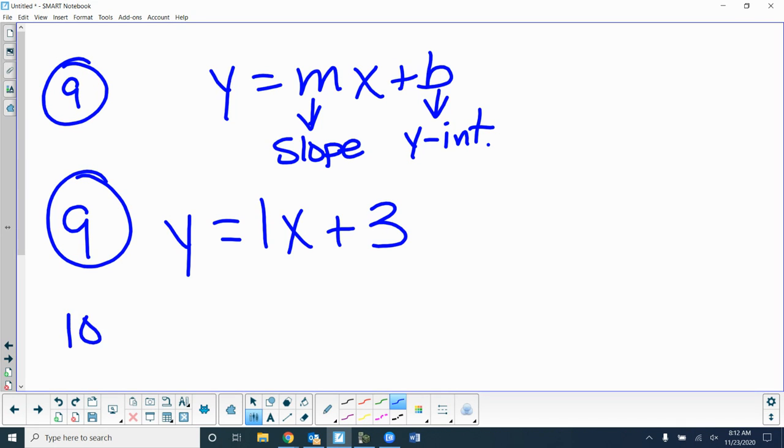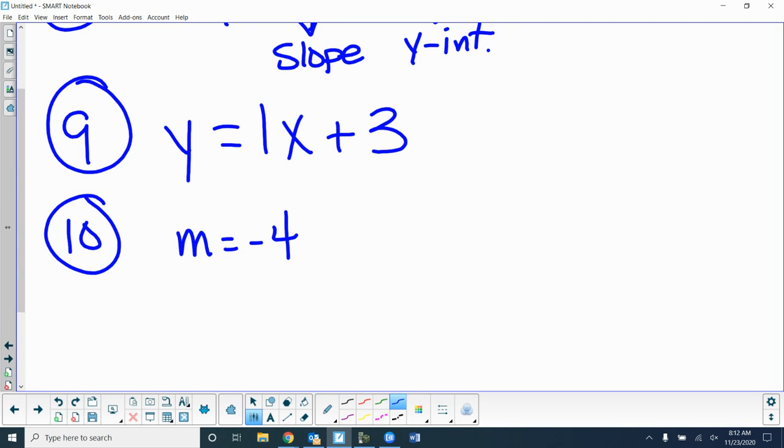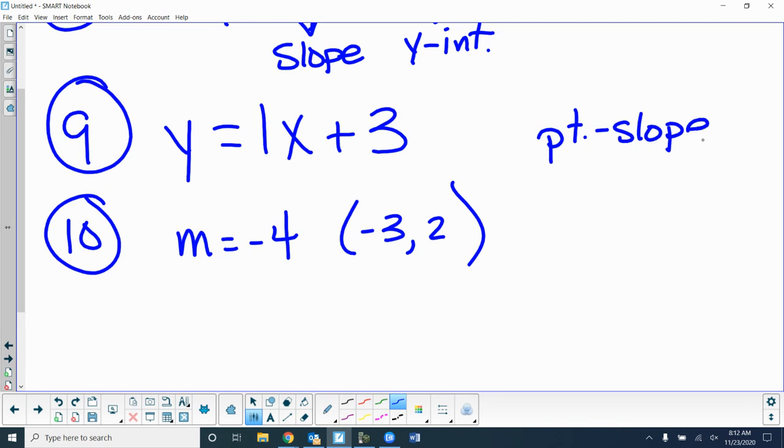Number 10, I give you slope and a point. Okay? Again, there's point slope form if you want to use it. Some of you like that. I usually don't use it though.